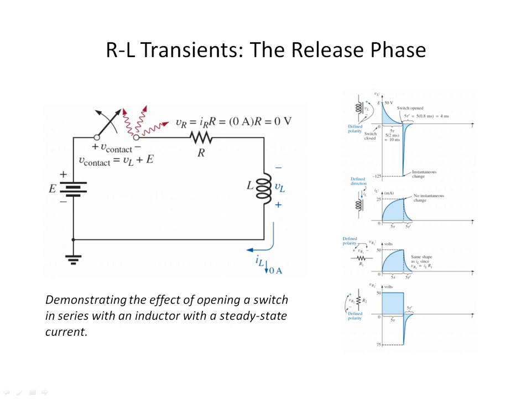When the switch is open, the energy in the inductor is going to be released back, but it's going to do so as a voltage spike. You can see that the voltage spike is very, very huge compared to what charged it up. For example, the plot here shows that the voltage source has 50 volts, but you can see that the voltage spike is shown to have a voltage of about negative 125 volts.